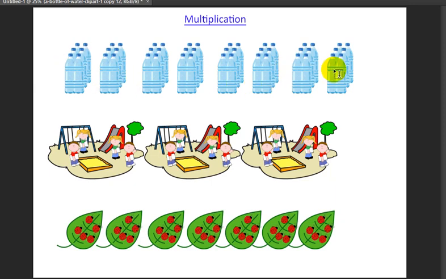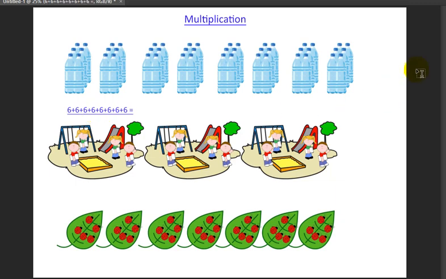So how many water bottles? Let's say someone asked us, how many water bottles are there? Well, I'd have to do 6 plus 6 plus 6 plus 6. That's a lot of 6s. How many 6s is that? 1, 2, 3, 4, 5, 6, 7, 8. So I could write 6 plus 6 plus 6 plus 6, 8 6s.